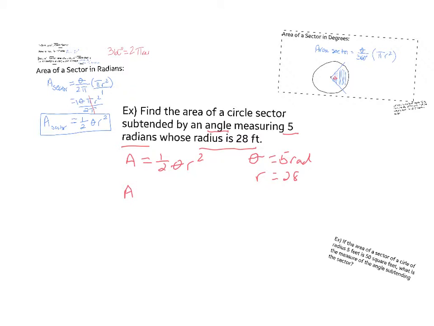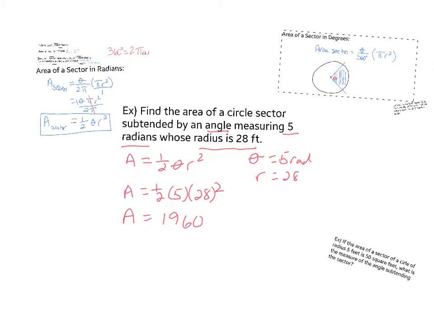So I have area equals 1/2 times 5 times 28 squared. I don't know what that is off the top of my head, so I will go to my calculator, and it will tell me 28 squared times 5 times 1/2, and I get that the area equals 1,960.